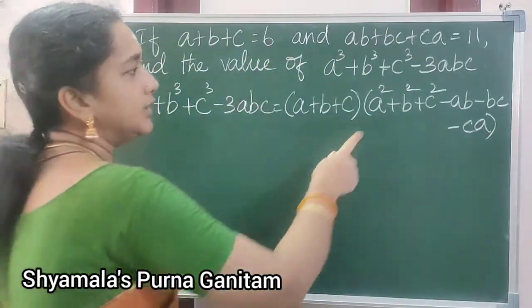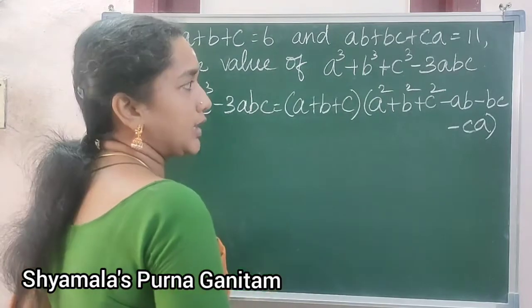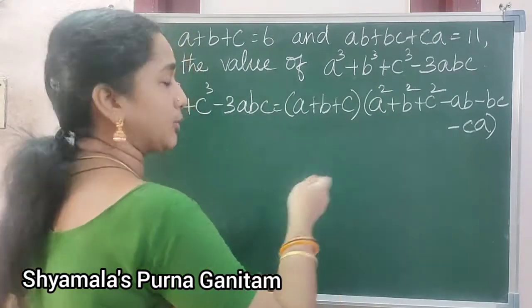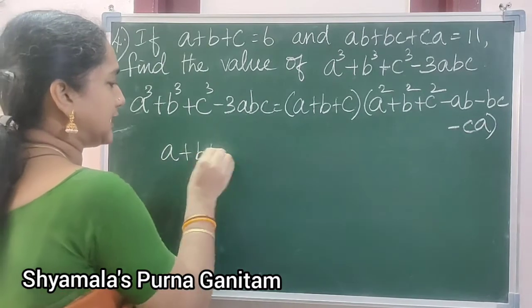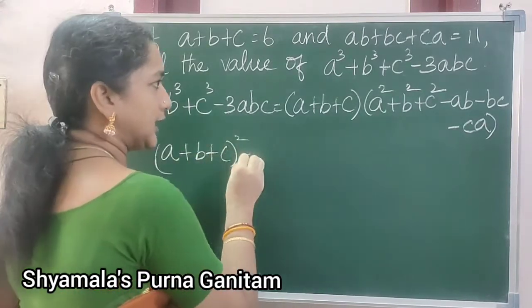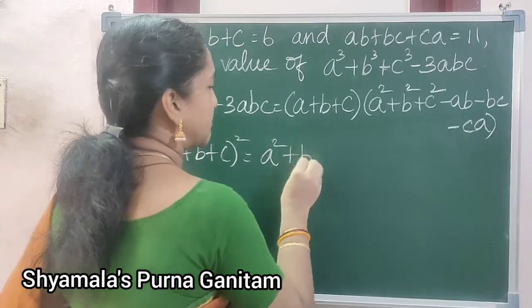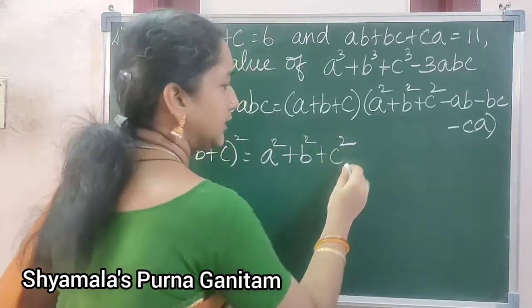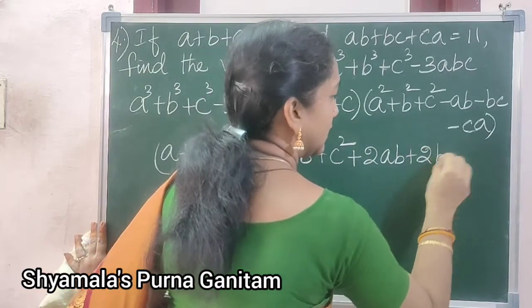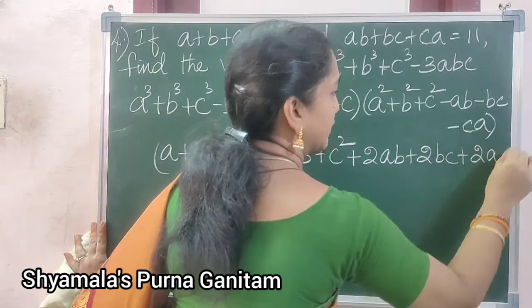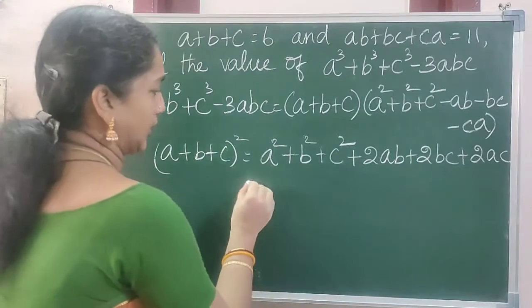So for that, you know the square of the trinomial formula, you can use that. That is (a plus b plus c) the whole squared is equal to a squared plus b squared plus c squared plus 2ab plus 2bc plus 2ac. You know this already.